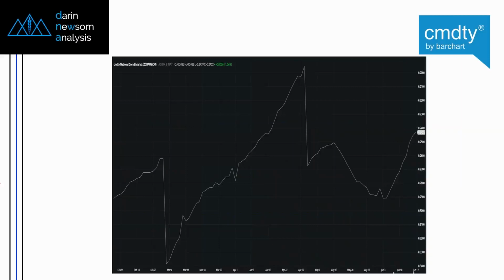Okay, what I'm looking at here, where the previous chart was the national corn price index, now I'm looking at the national corn basis index.